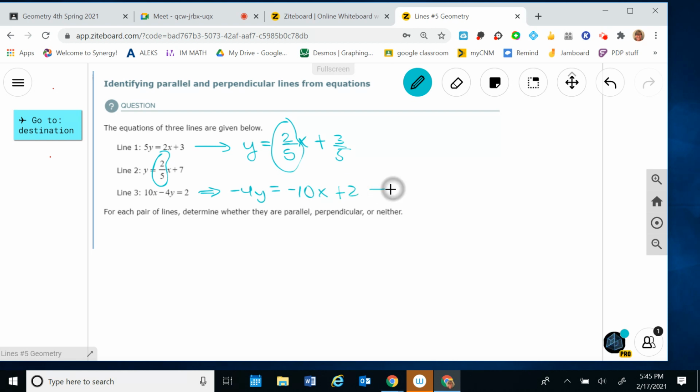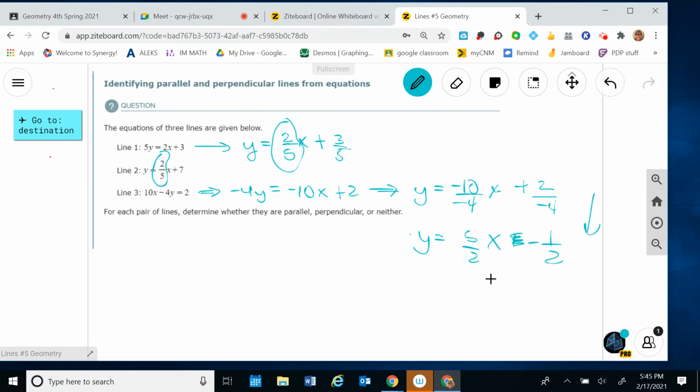Divide everything by negative 4, and you're going to get y is equal to negative 10 over negative 4x plus 2 divided by negative 4. Now you're going to get y is equal to 5/2 because negative divided by negative is a positive, and both of these are divisible by 2. And then we don't really care, but this does become negative 1/2.